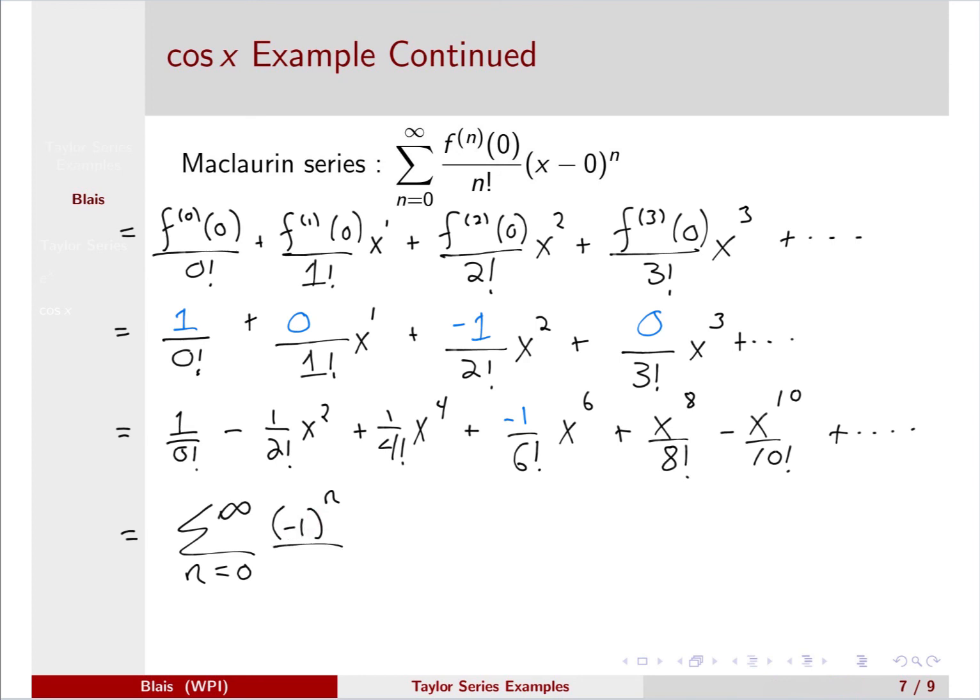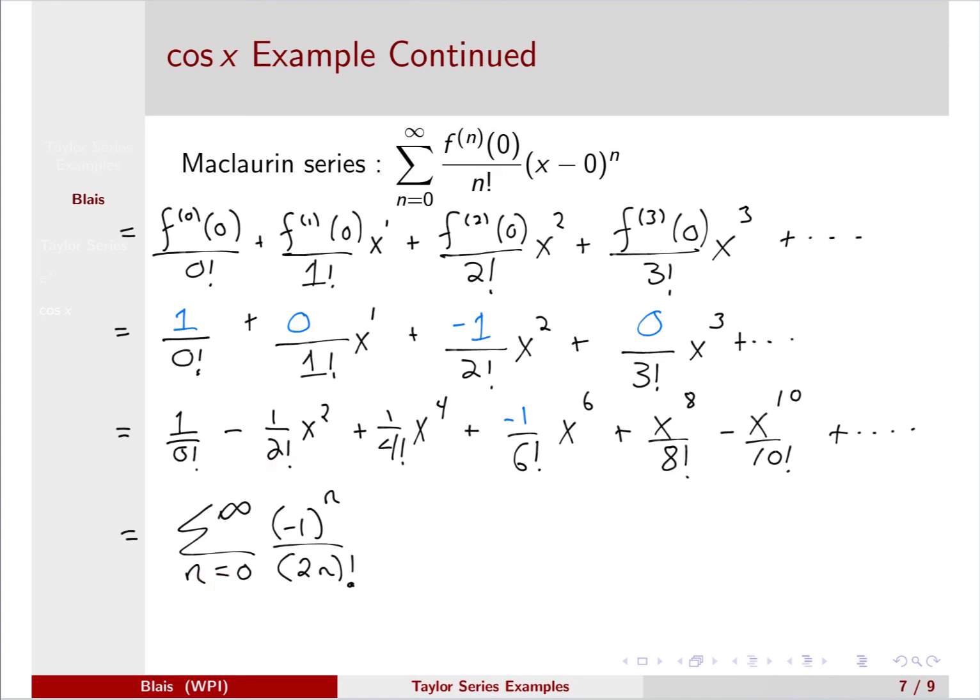In the denominator, it's not n factorial, but rather 2n factorial. And we can check that. When n is 0, here we get a 0 factorial, which recall is by definition equal to 1. When n is 1, we get a 2 factorial. That matches the second term.